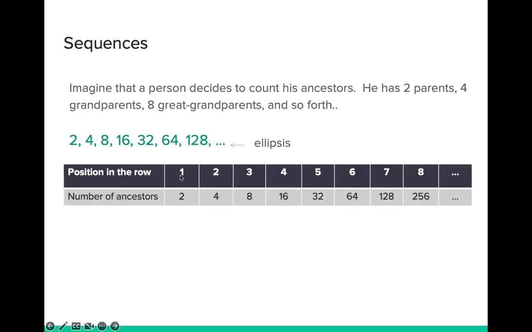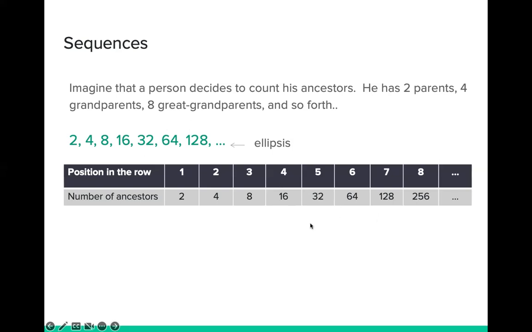So to express the pattern of the numbers, suppose that each of these numbers is labeled by a certain integer that gives its position in the row. So as you can see here, 2 is in the first position in the row, 4 is in the second position in the row, 8 is in the third position in the row, and so on.